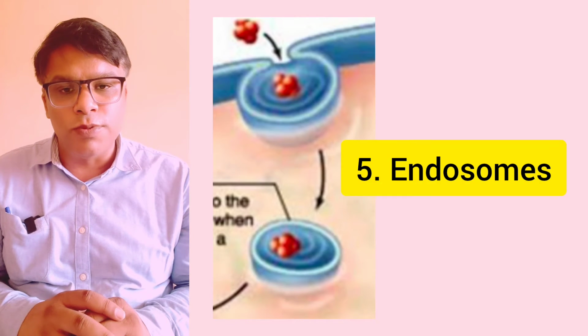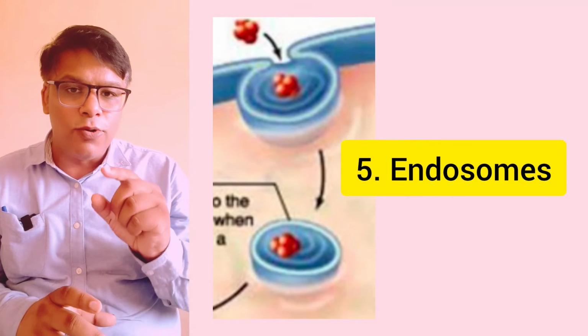Again from the Golgi complex, vesicles come, and I have told you the transport vesicles are part of the endomembrane system. Now, some of the vesicles give rise to endosomes.